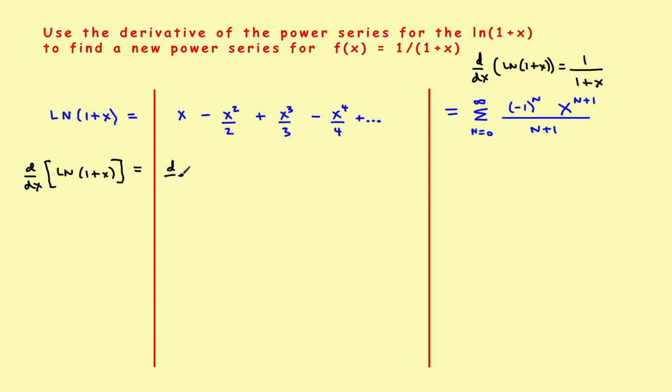So we also want the derivative with respect to x, and you can just rewrite the power series right here. So originally it's x minus x squared divided by 2 plus x cubed divided by 3 minus x to the 4th divided by 4 plus, and so on, goes on forever.